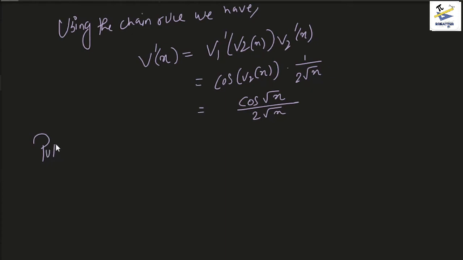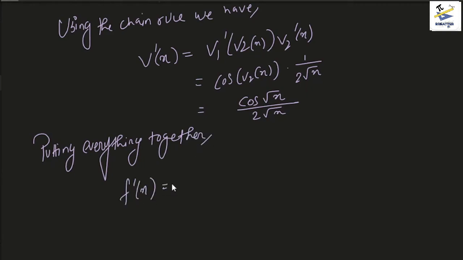So putting everything together, our actual answer to f prime x would be, so u prime x was 1 by 2 root x and v of x was sine of root x, plus u of x was just root x and v prime x is cos of root x by 2 root x.